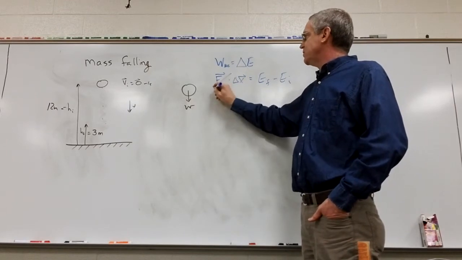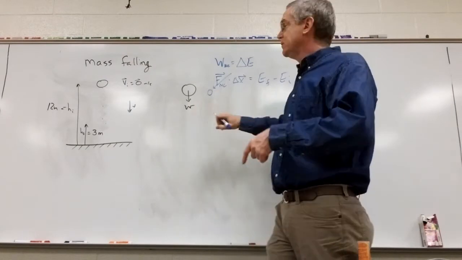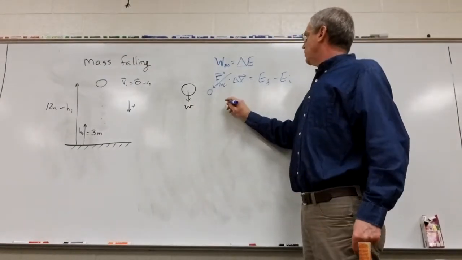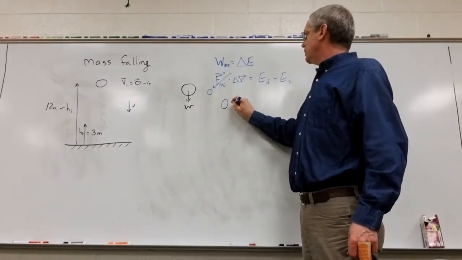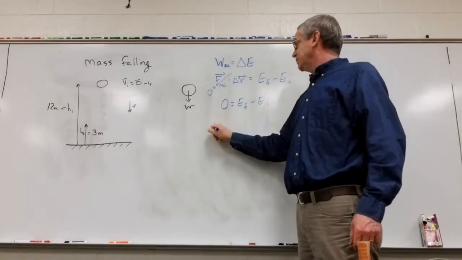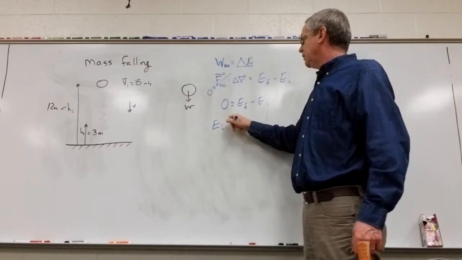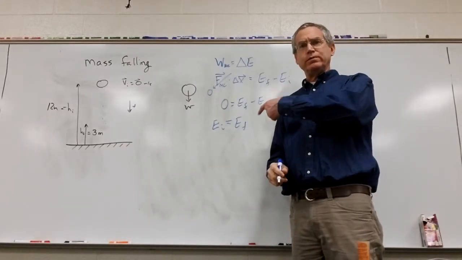This is 0 because the only force acting on it is weight, and that is conservative. And so we end up with 0 is equal to E final minus E initial, or E initial equals E final. In other words, energy is conserved.